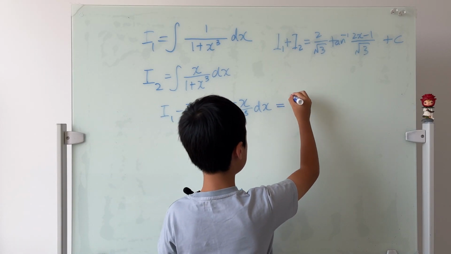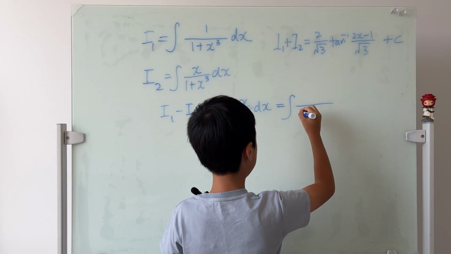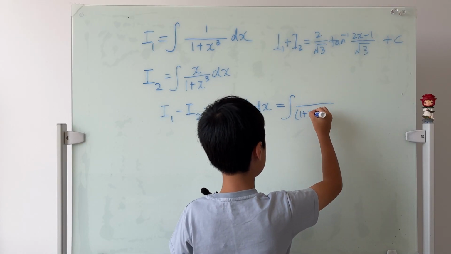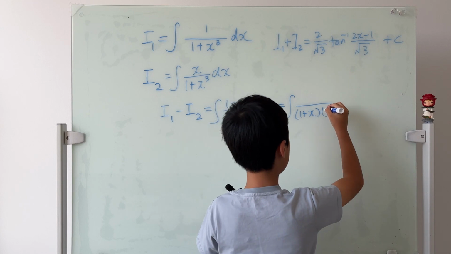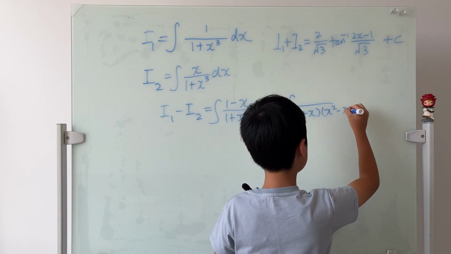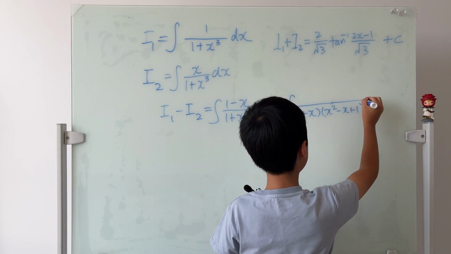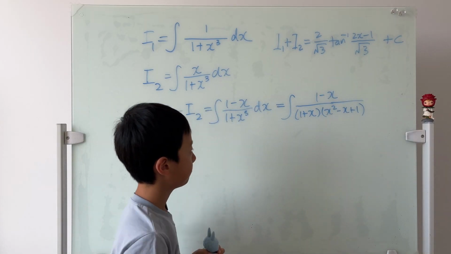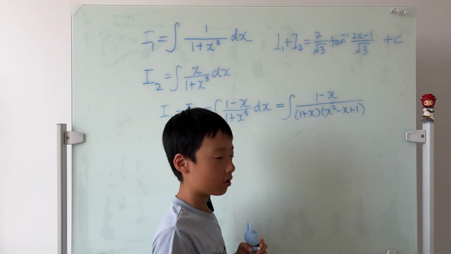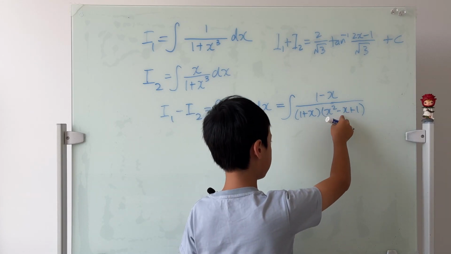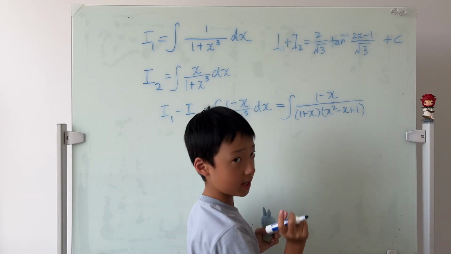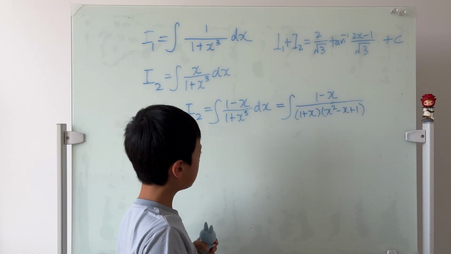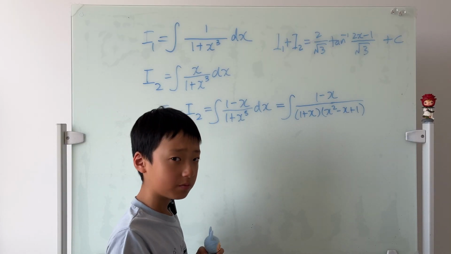It's equal to the integral of, the bottom is 1 plus x multiplied by x squared minus x plus 1. And the top is just 1 minus x. Right? Look, positive 1, negative x. Positive 1, negative x. So we're just missing an x squared here.